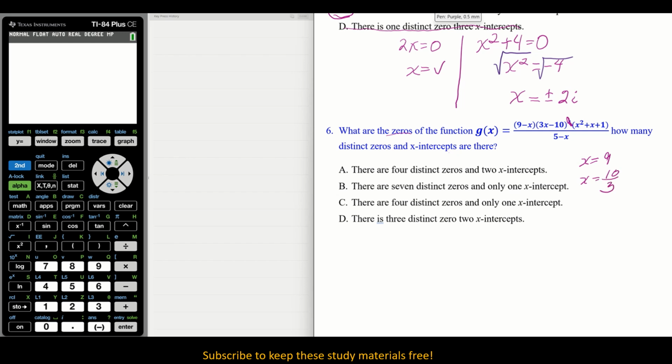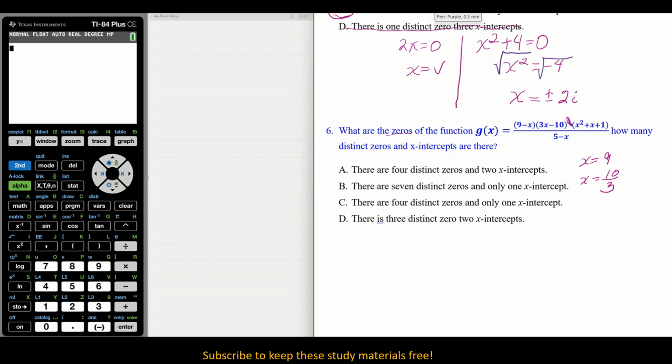And then the next one would be a different situation. We can't factor that out, but we can use our quadratic formula. But we will get two values, however complex, and I'll show you that in a minute.